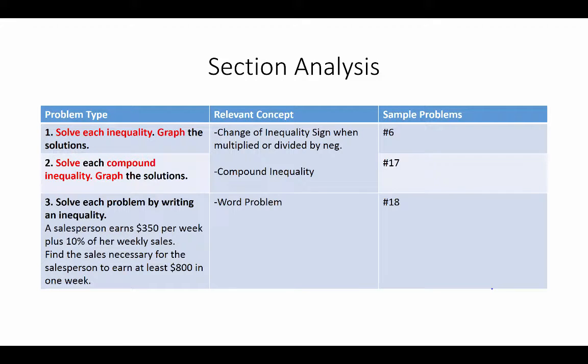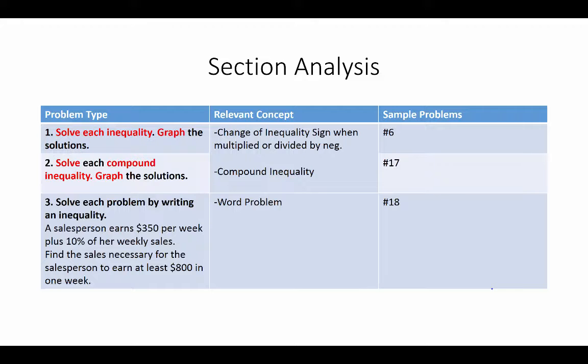Problem types 1 and 2 are pretty much the same, except problem type 2 deals with compound inequalities, which I will explain in detail in a few minutes. And when you graph, it's gonna use a number line instead of an XY coordinate system.